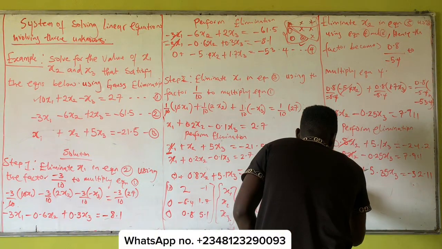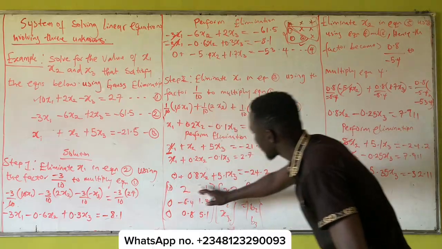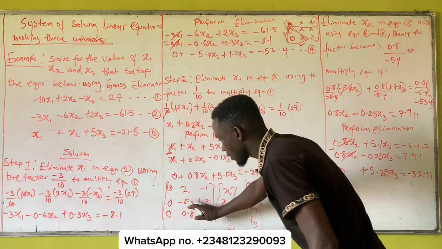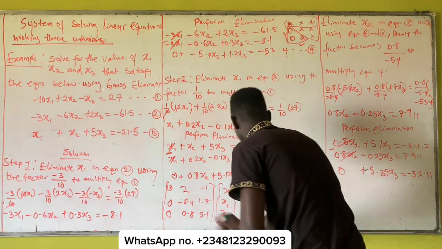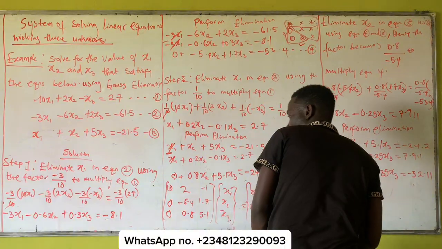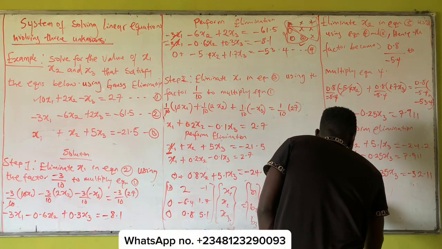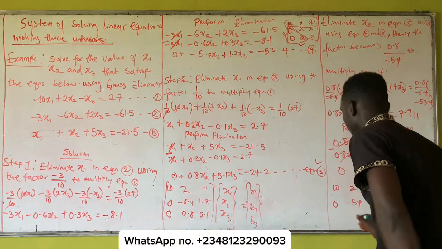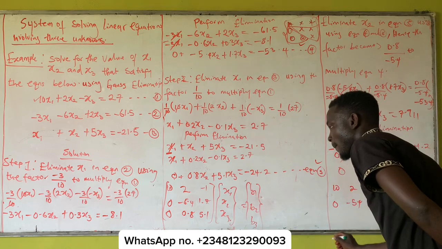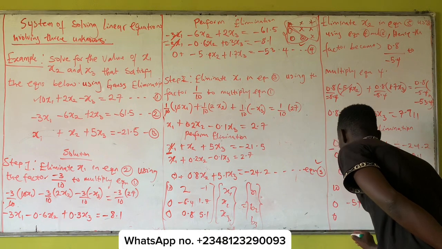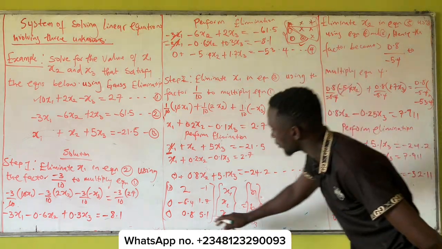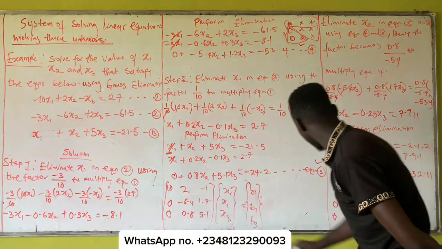here we have 10. Remember, the first line of the matrix does not change. The second and third change. So it becomes 10, 2 minus 1, 0 minus 5.4, then 1.7, 0. Since we have already eliminated this, what is the new value we got?